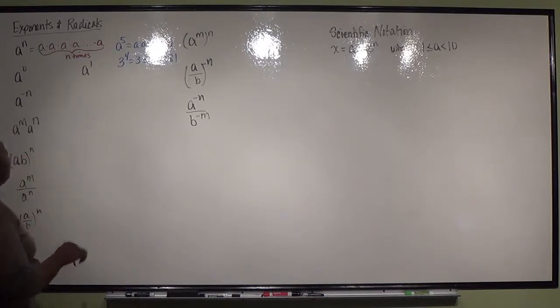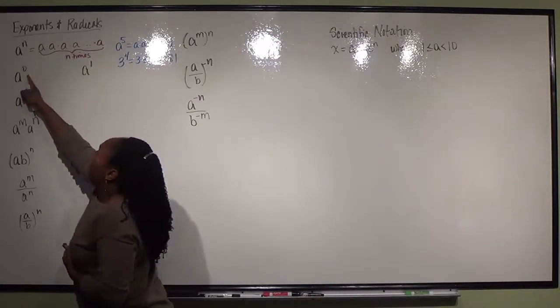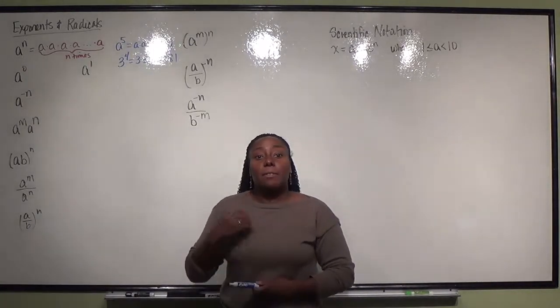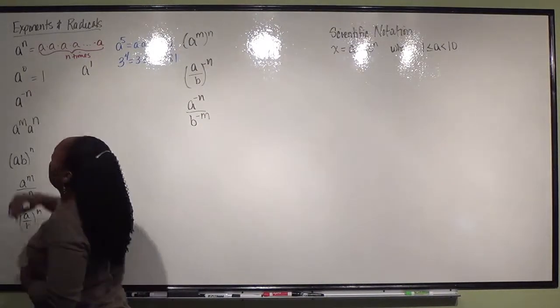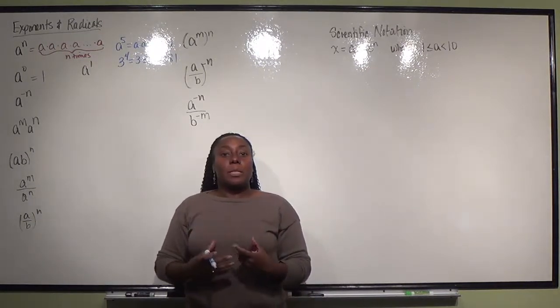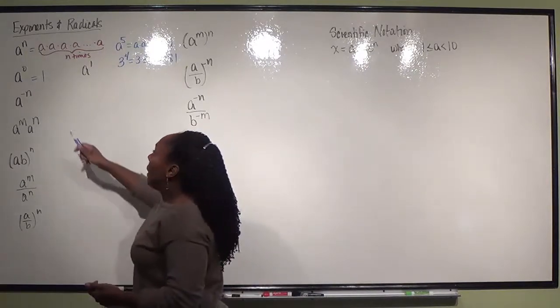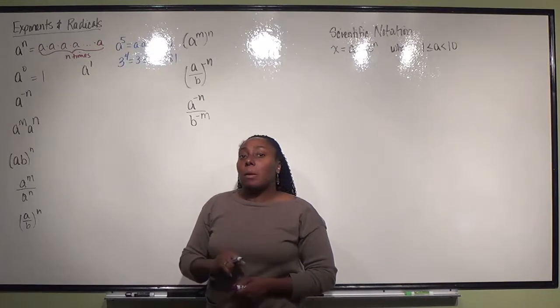Okay. These next two are actually part of our definition. A to the 0, so again I said n we're going to choose to be natural numbers, but if you ever have an exponent that is 0, this just means I'm looking at a 0 times. It's not 0 because then if I multiply that, I'm not going to get anything, but I do want to define that 0 power to be 1.